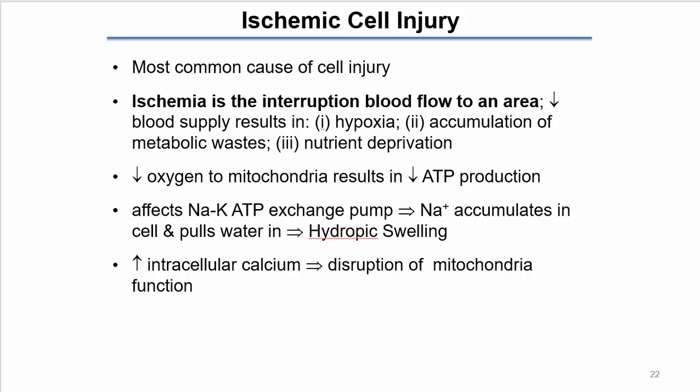So the metabolic waste isn't taken away, and the cells start living in a soup of their own metabolic waste, and that can lead to injury and maybe cell death as well. And then not the least of the interruptions is to nutrients. The cells don't get delivered the nutrients that they need, even glucose, for instance.